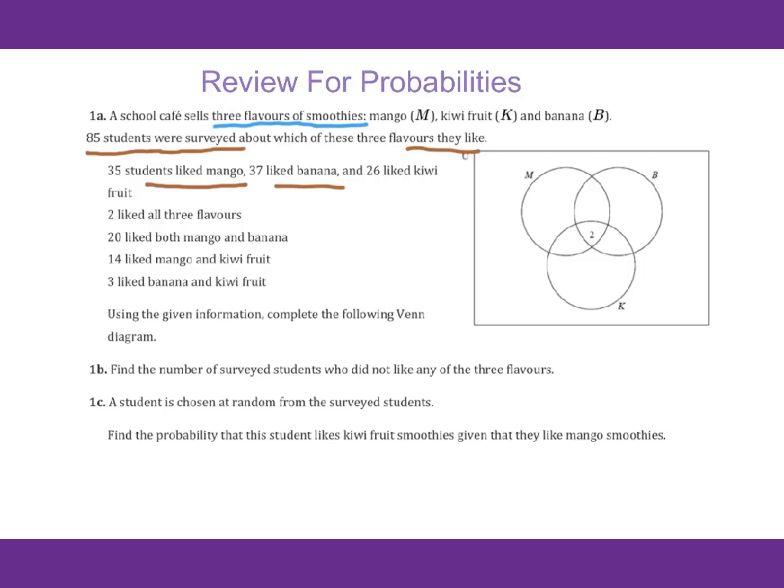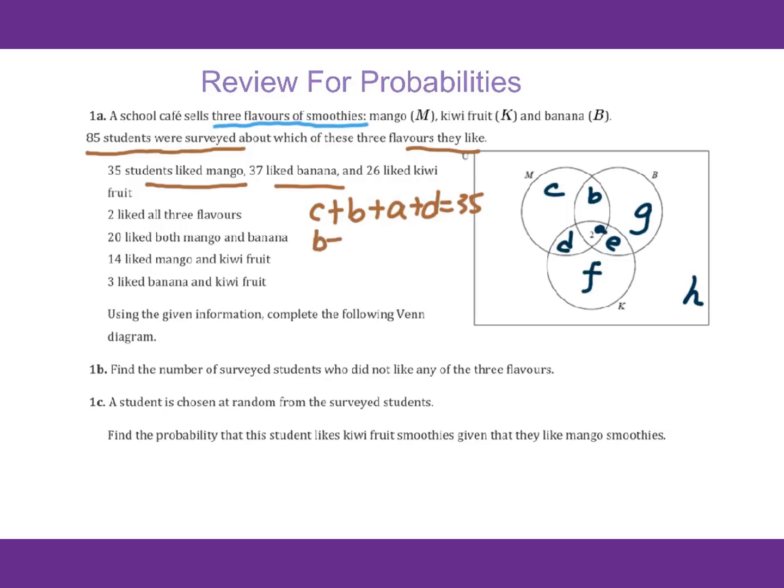Let's label each section of this Venn diagram. So I label here it's A, B, C, D, E, F, G, H. According to the given information, C plus B plus A plus D, you will get 35.